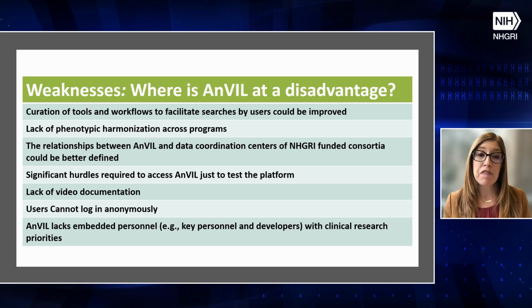There's a limited amount of phenotypic harmonization across the different data sources within AnVIL. So AnVIL has data from many of the NHGRI consortia that you're aware of. And within each consortium, they've done data harmonization, but that hasn't necessarily been done across the consortia as much as it could have been done. AnVIL may have a platform to provide some of that capability.